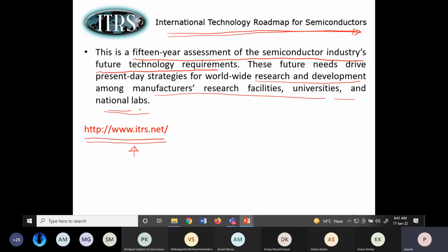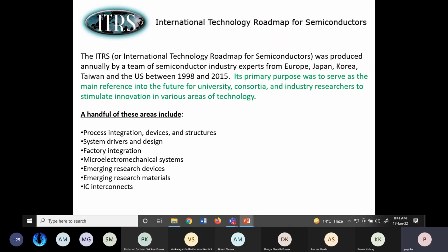So this is a very important organization which drove this nano research over the years. As I said, you should visit this website and you will find more information. I'm telling you very little about their functions.